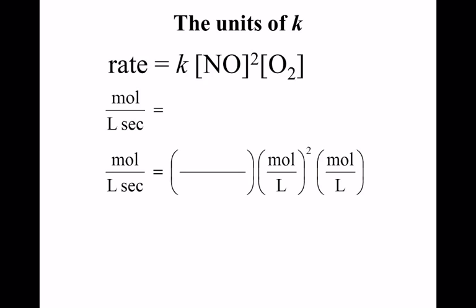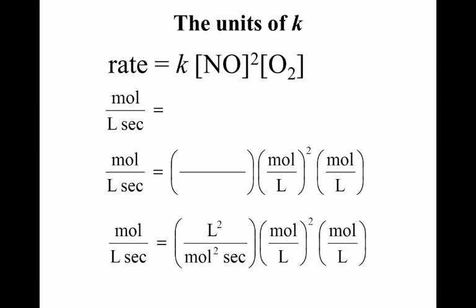And so that blank there needs to cancel out what we introduce when we raise the molar concentration of NO to the second power and the molar concentration of oxygen to the first power. So that's it. There's a lot of things in physical science where I don't memorize things because I'm bad at memorizing. I just kind of put the pieces together when I need to.